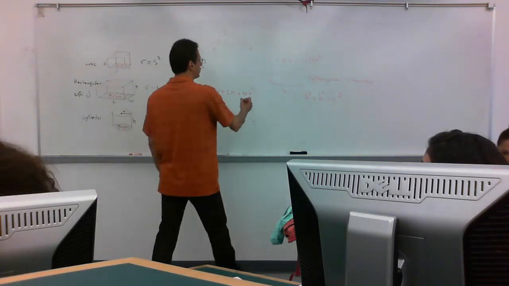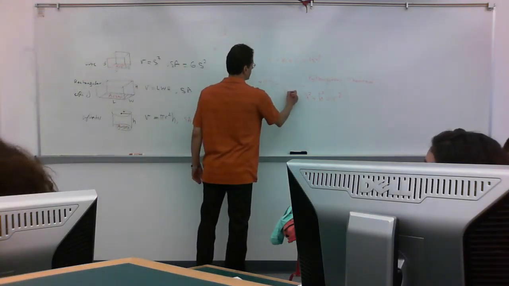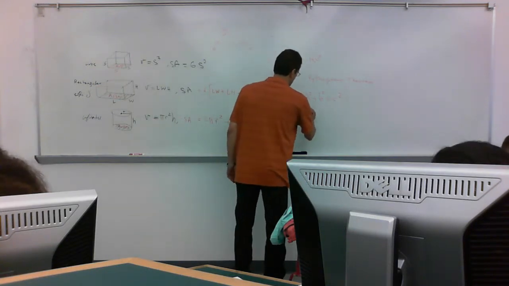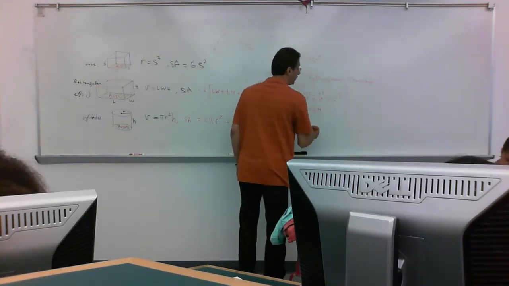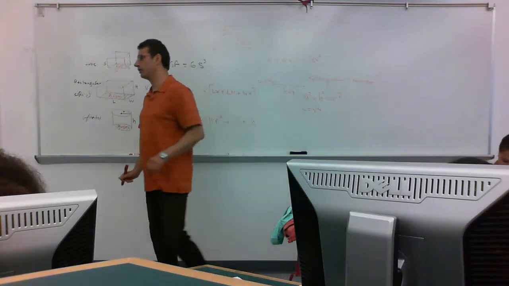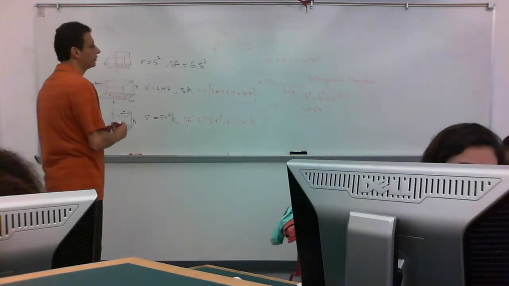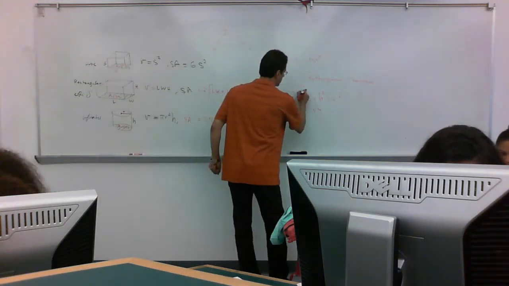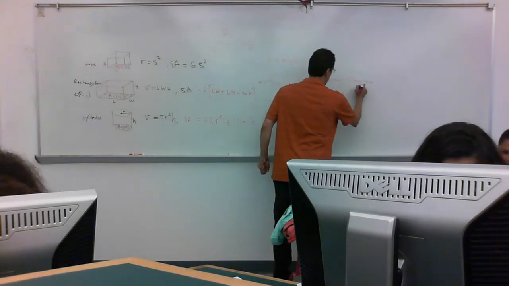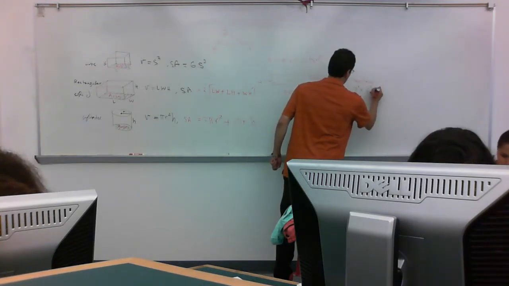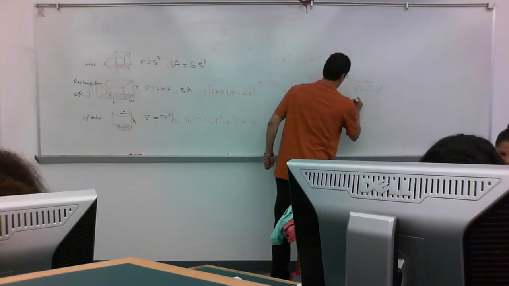Just for the sake of argument, let's say this is 4, let's say this is 7. Do you see that C is the hypotenuse? It is important to know that when two sides are given, then we should know A squared is C squared minus B squared.